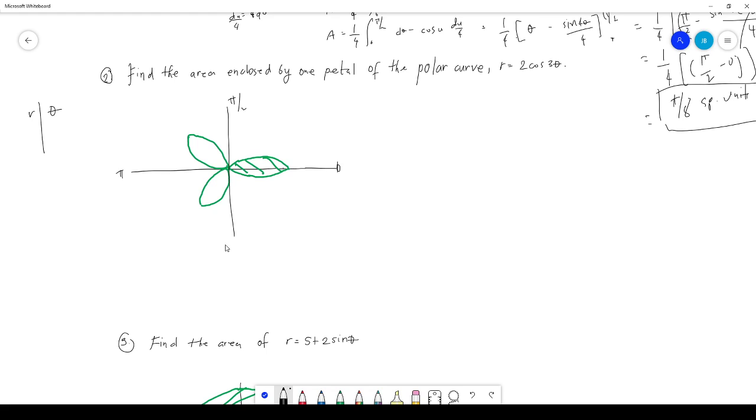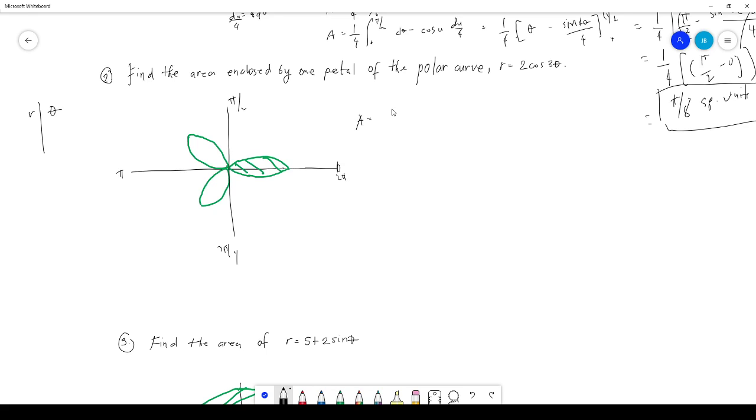And 270 is 3 pi over 2. And the whole 360 degrees, that's 2 pi.